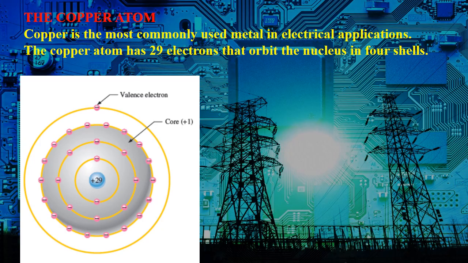When you look at copper, because there are a lot of electrons in its atom, that's what makes it a good conductor. Not only copper but other good conductors as well: you will see a lot of electrons in their electronic configuration at the atomic level. That's what makes up a good conductor.